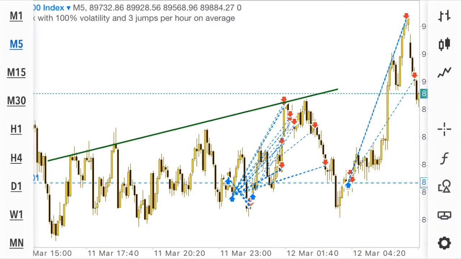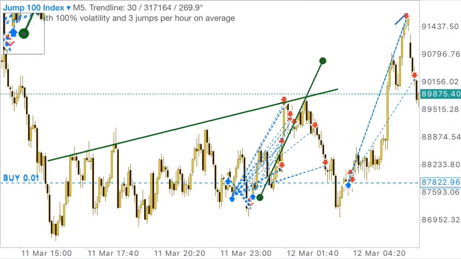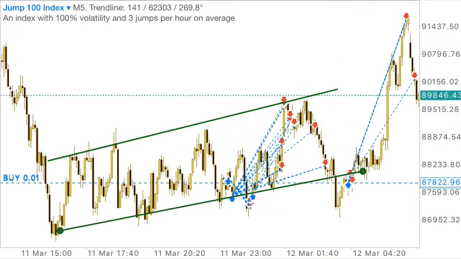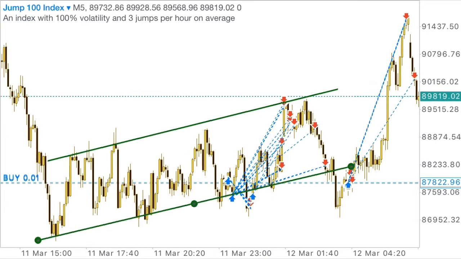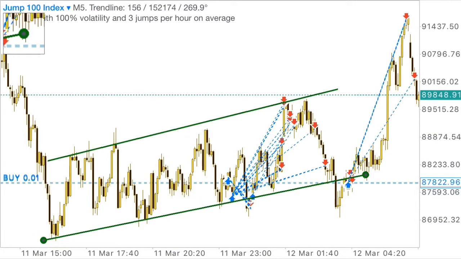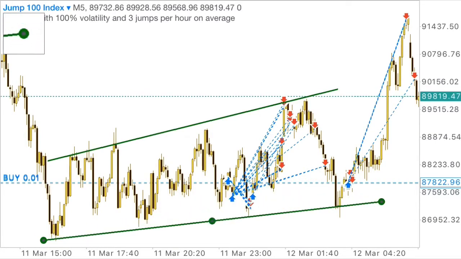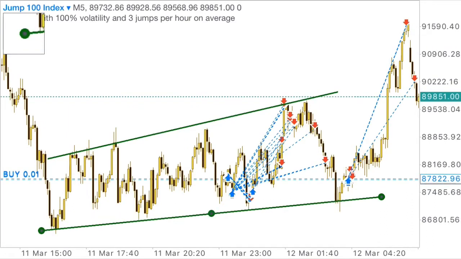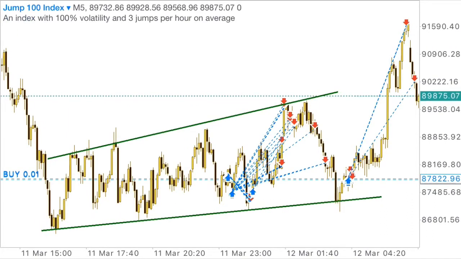This is the channel that I identify. So trading with the trend, nobody has to tell you about that at this stage. You're only trading with the trend. You can see this channel is going slightly bullish.